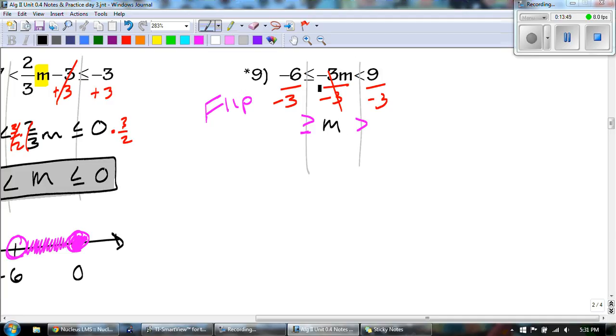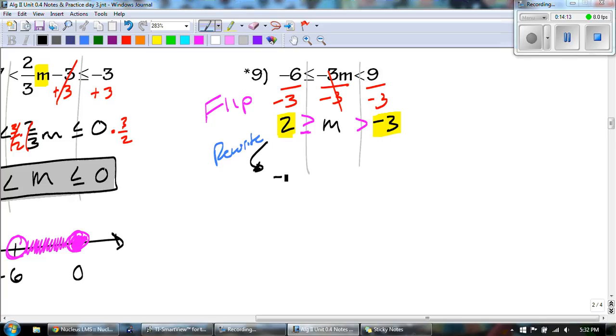And I have to flip all the signs, okay? So -6 divided by -3 is a +2, and 9 divided by -3 is -3, okay? And now, if I'm looking at this, they're not in increasing order, so I have to rewrite, okay?